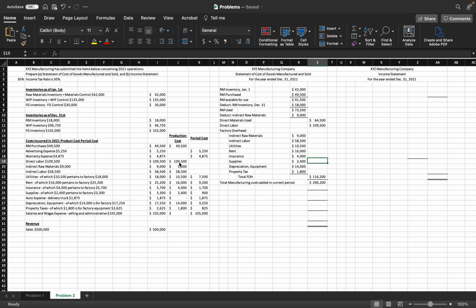Okay. Now from here, we need to add the work in progress inventory at the beginning of the year. And then that'll be the total manufacturing cost.